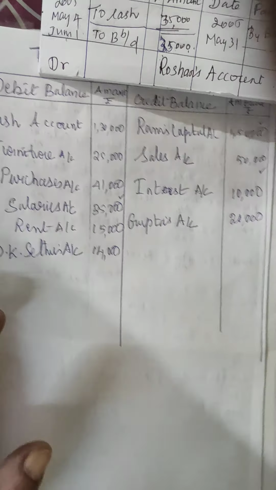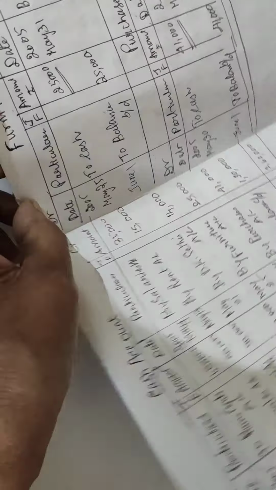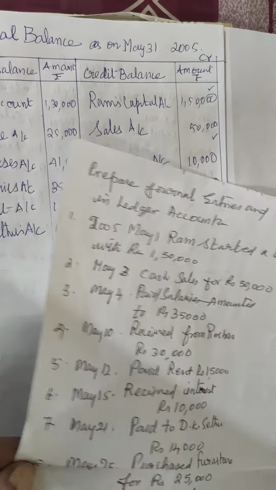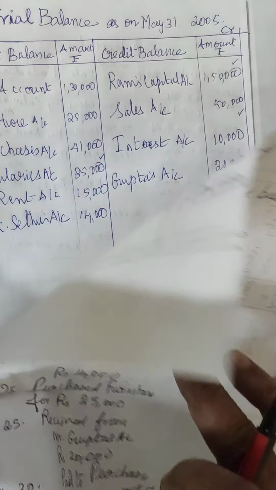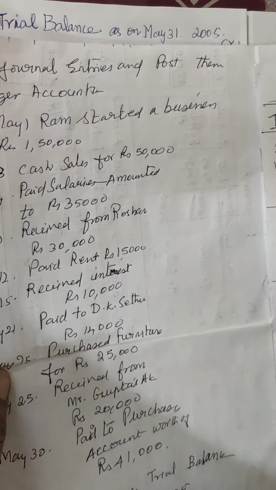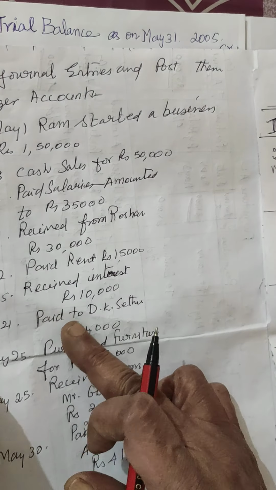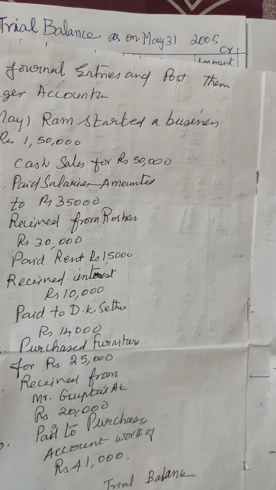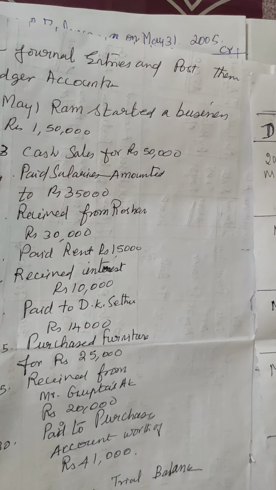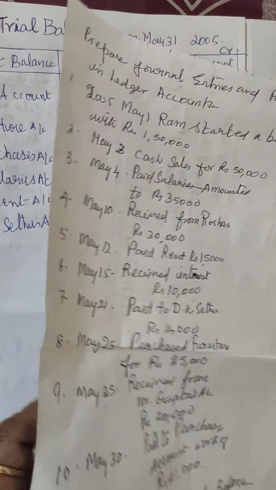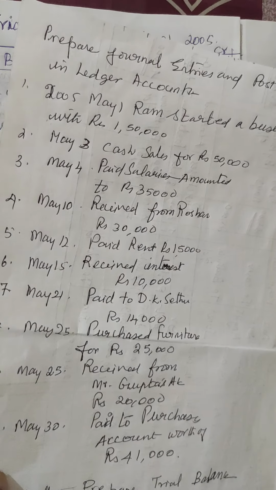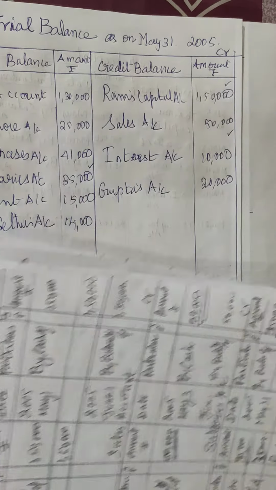Now let us see where we have written Roshan's account. Roshan's account is credited by 30,000.